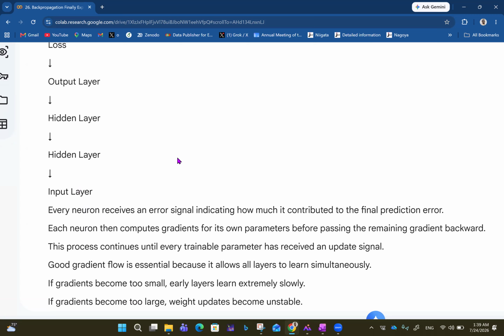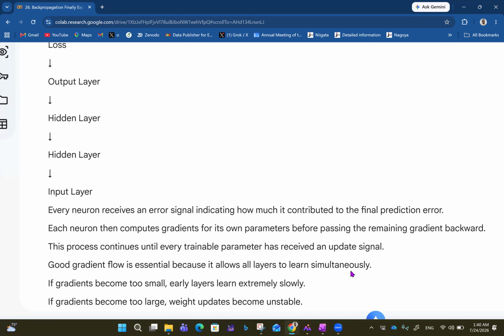Every neuron receives an error signal indicating how much it contributed to the final prediction error, and each neuron then computes gradients for its own parameters before passing the remaining gradient backward. This process continues until every trainable parameter has received an update signal. Good gradient flow is essential because it allows all layers to learn simultaneously.